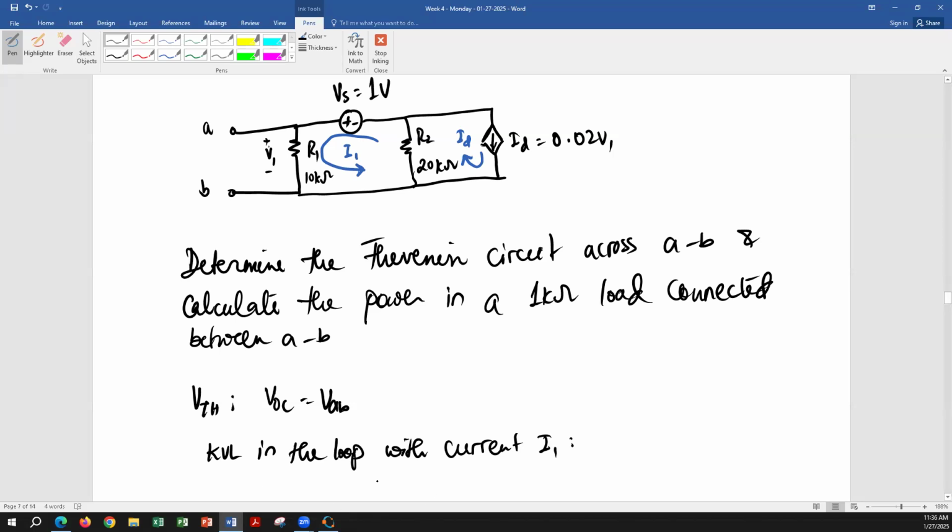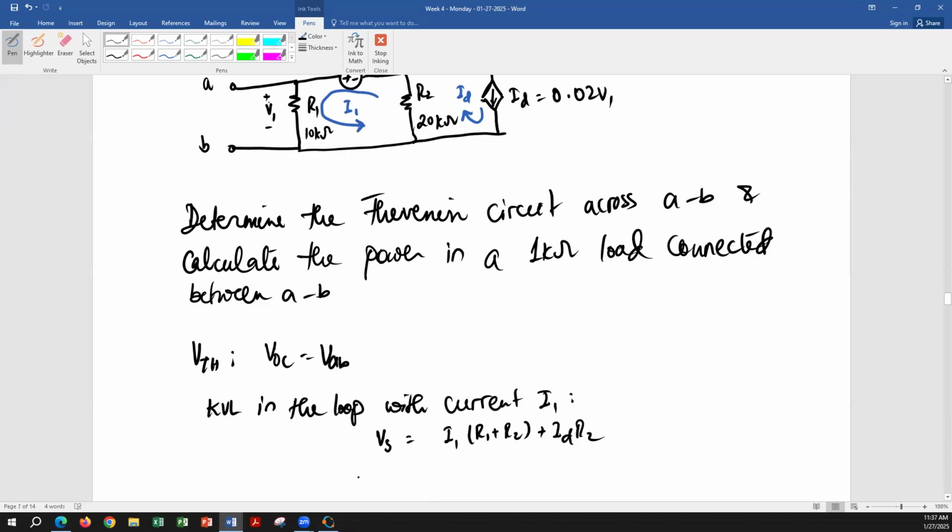So I'm going to write down, instead of negative Vs, I'm going to keep Vs on one side. Vs is equal to I1 R1 plus I1 R2 plus ID R2. And of course, ID is 0.02 V1. And what is V1? I1 R1.